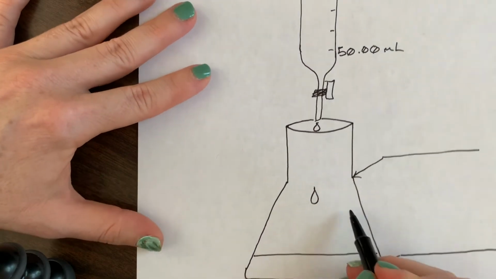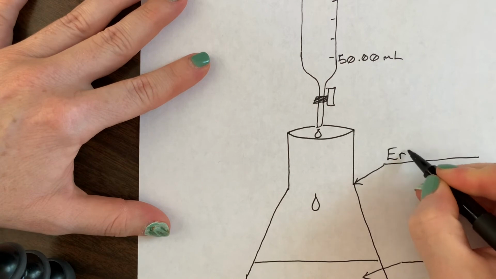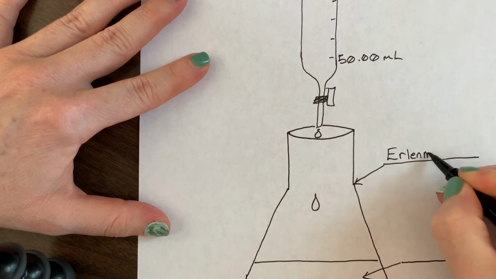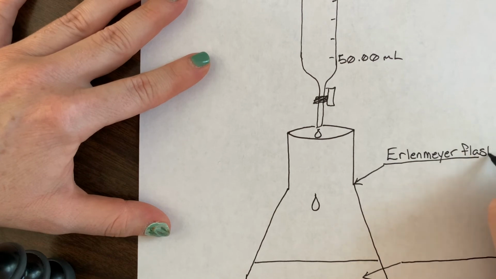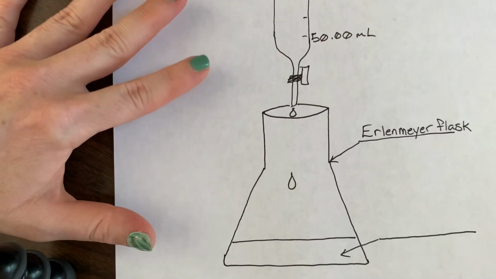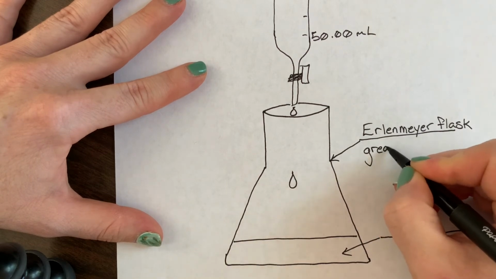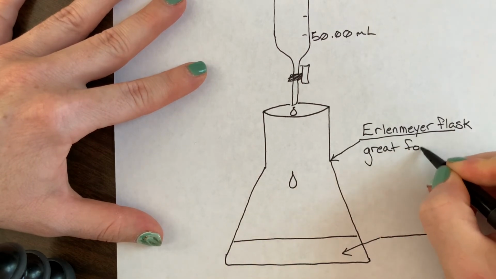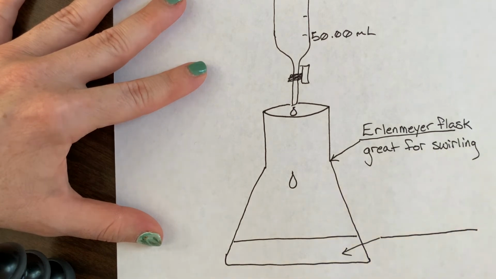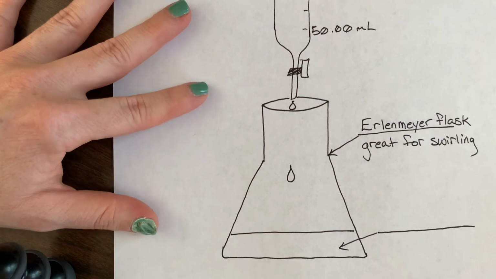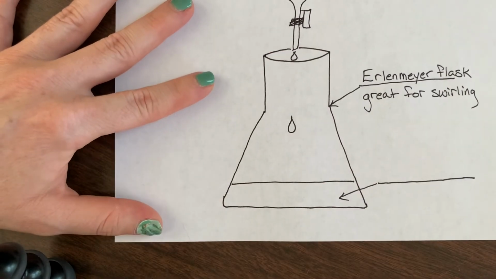And so down here, this piece of glassware, I hope you remember, is called an Erlenmeyer flask. We've used this a couple times before, and just a quick note, it is great for swirling. Great for mixing a solution by swirling, which you'll have to do pretty much constantly throughout this process.